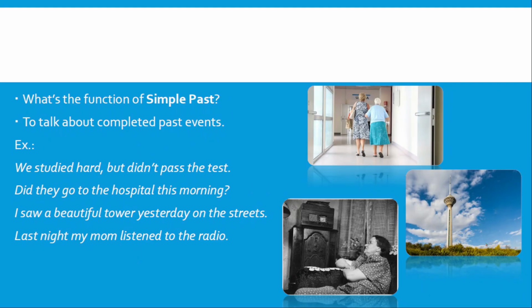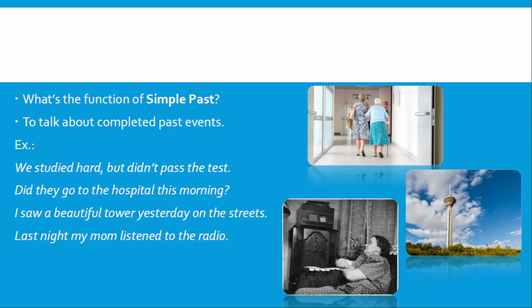And we have regular and irregular verbs. So for regular verbs, the past form is made just by adding the suffix ed at the end of the main verb. But irregular verbs change the form for the past tense.